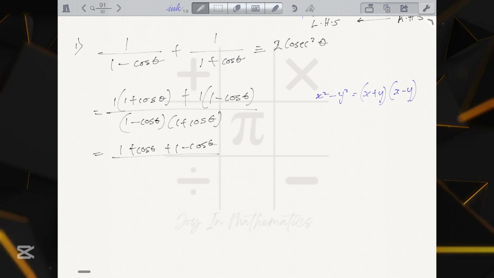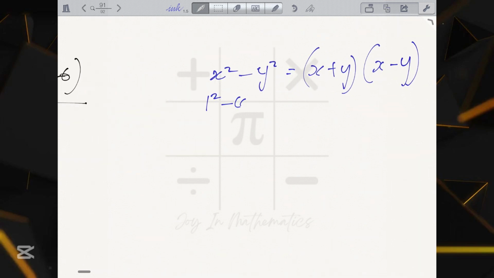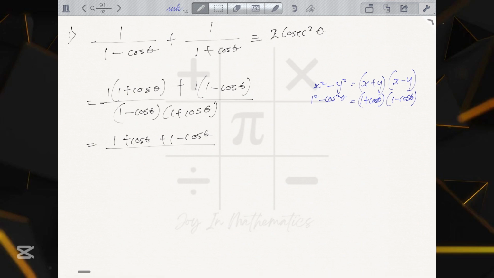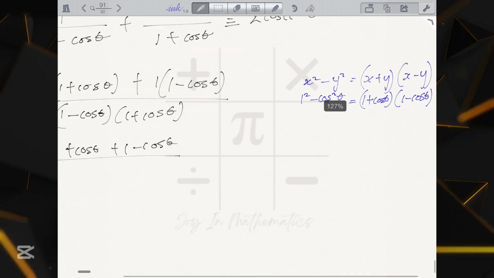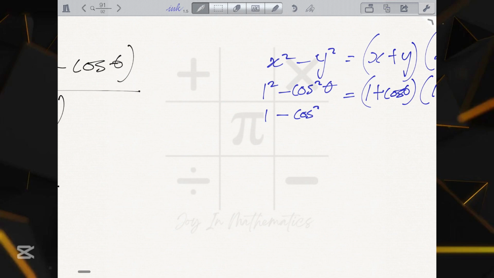So we have 1 squared minus cos squared theta, and this will give us 1 plus cos theta into 1 minus cos theta. That's the difference of two squares, and we will arrive at 1 minus cos squared theta.